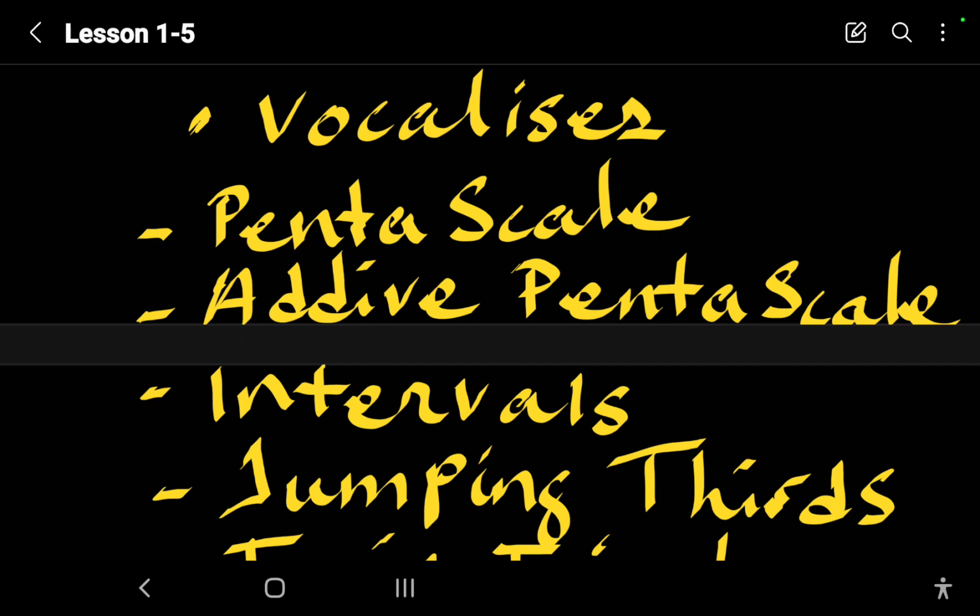Okay, the additive pentatonic scale sounds like this. Okay, let me redo that whole thing. So the additive pentatonic scale sounds like this.